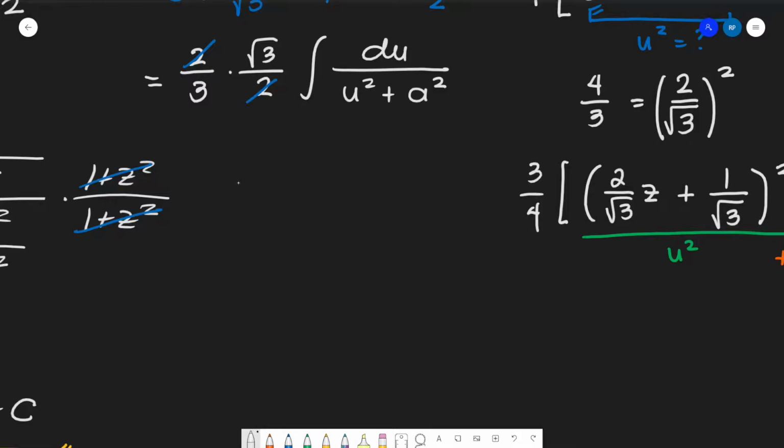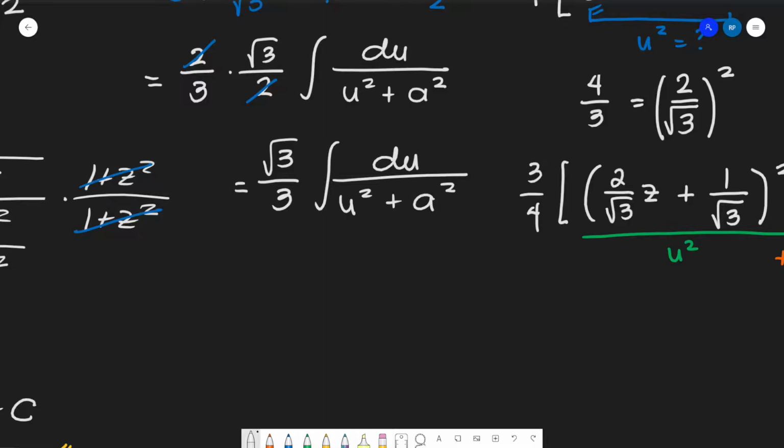So, write ko na lang, no? Integral ng du over u squared plus a squared. Ano yung additional standard formula natin for integral of du over u squared plus a squared? Diba we have 1 over a arctangent u over a. So we have square root of 3 over 3 times 1 over a arctangent ng u over a plus c.